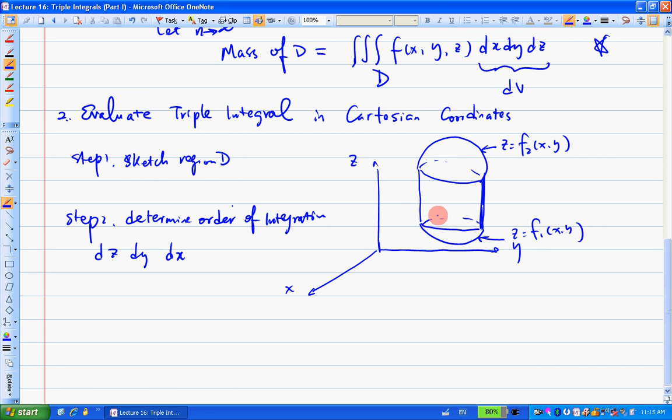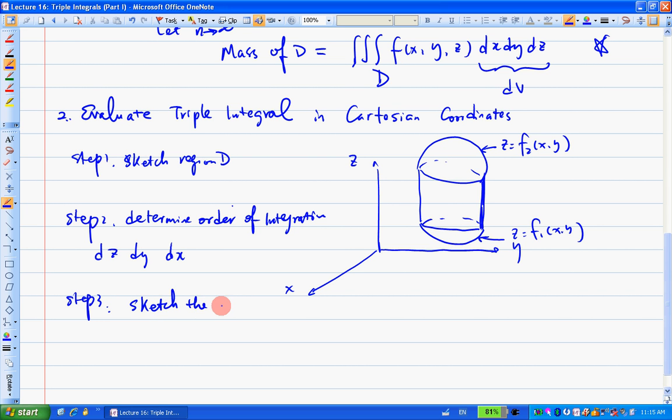So the point is you're trying to find certain ways to sweep through this whole region D. That will be the integration here. So what we show here is a method of sweeping through the region D, or a method of creating this region D. Once we've decided the order, the next step is to sketch the shadow.